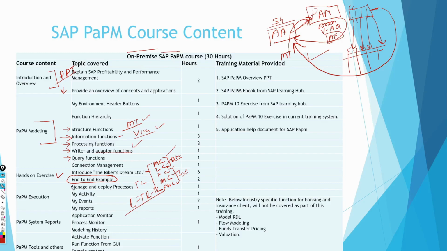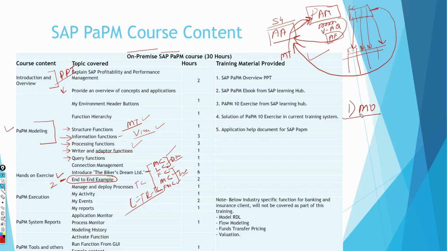Now here we'll see two things. When I say end-to-end example, there will be two perspectives. The first perspective will be the modeling user, meaning the person or consultant who will be building that model. We will see how to create that model from the modeling user perspective.